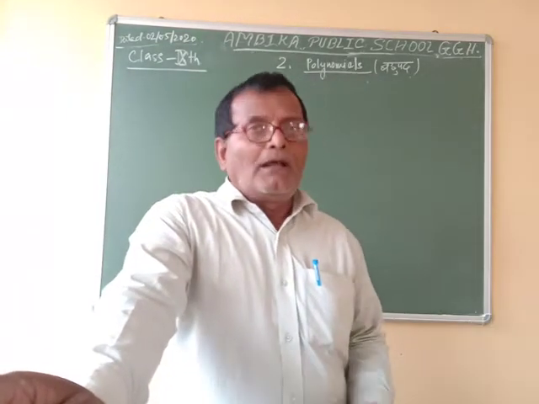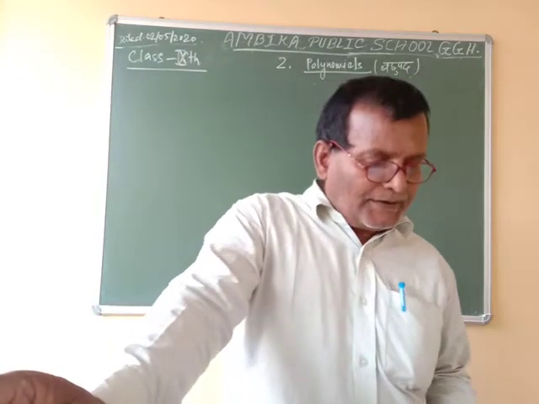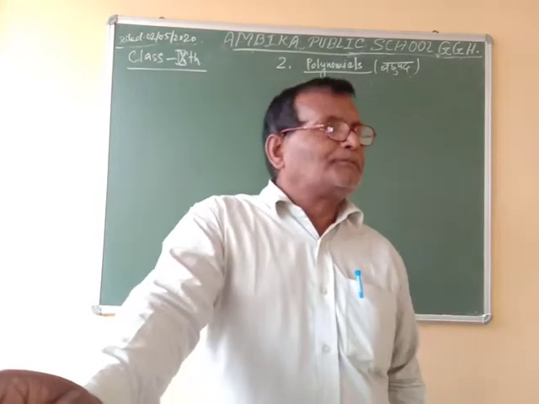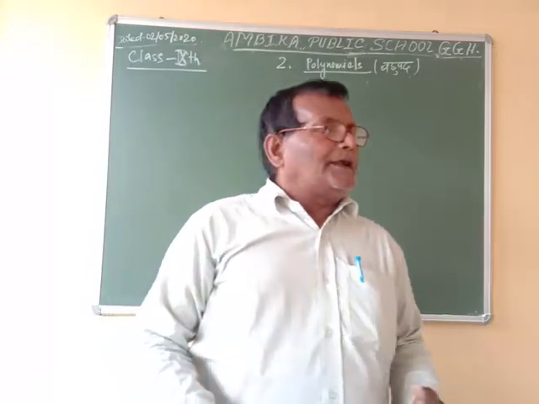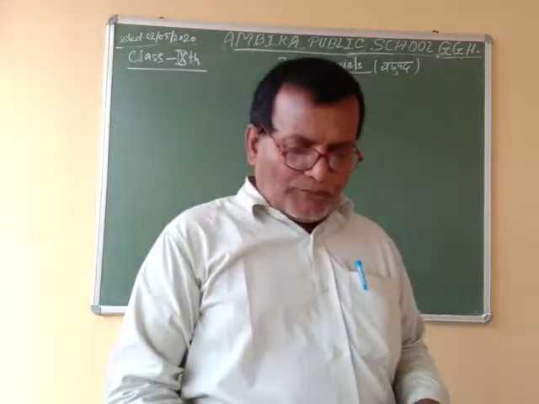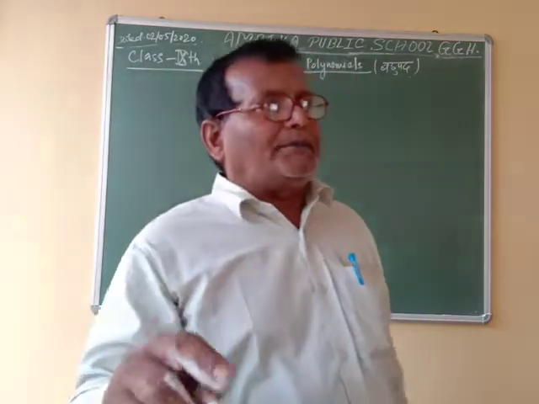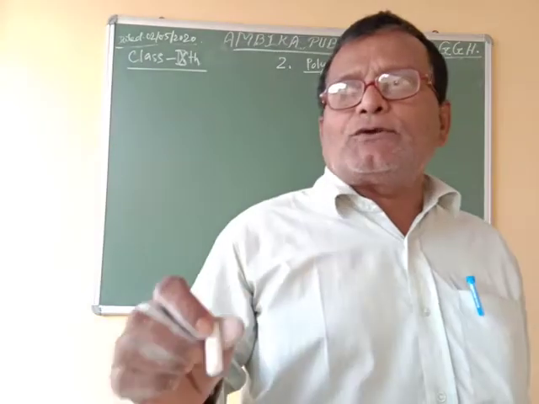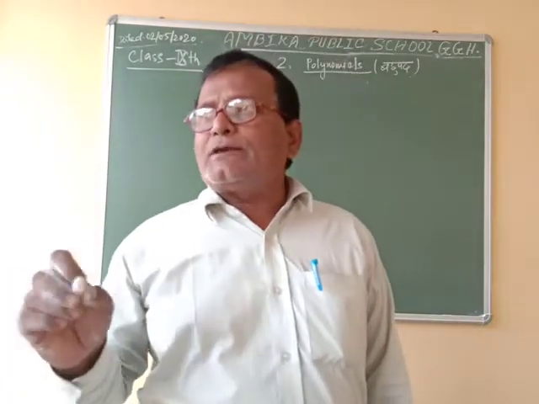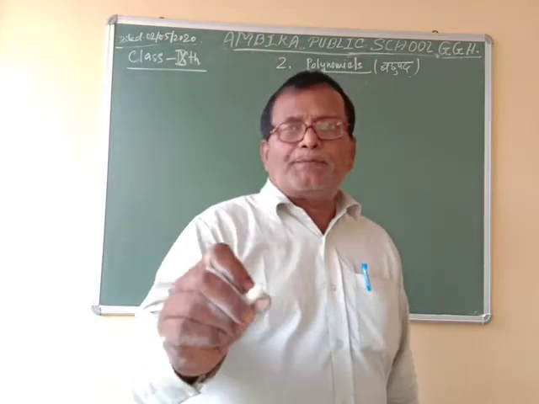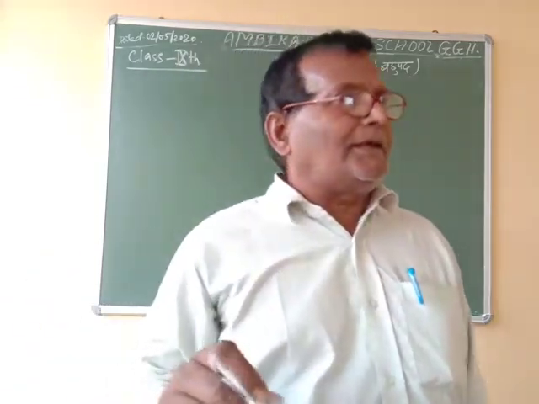And what is the number of terms in a polynomial? There are many terms in a polynomial. If a polynomial has only one term, then it is called a monomial, एक पदी, जिसको हम एक पद कहते हैं.